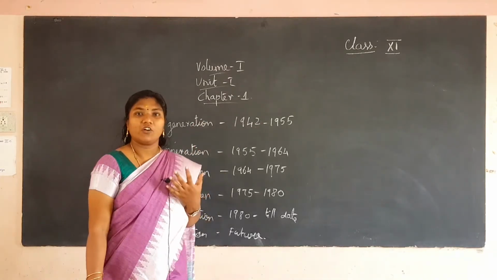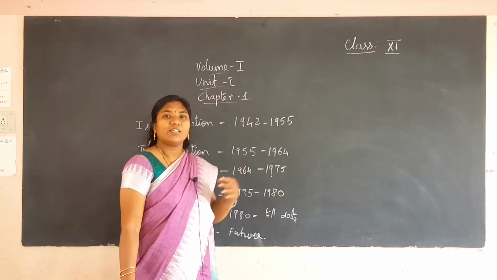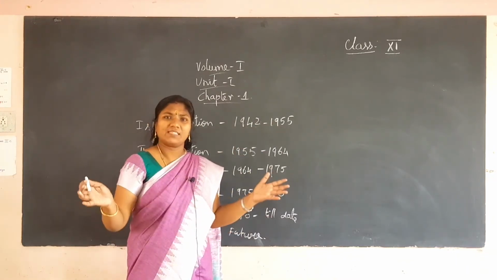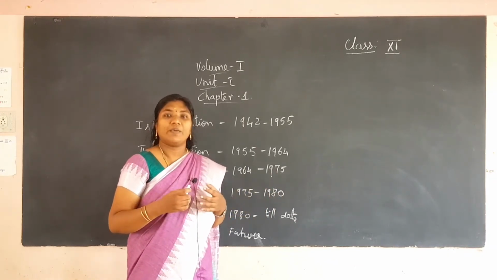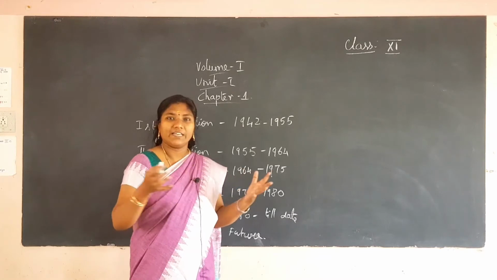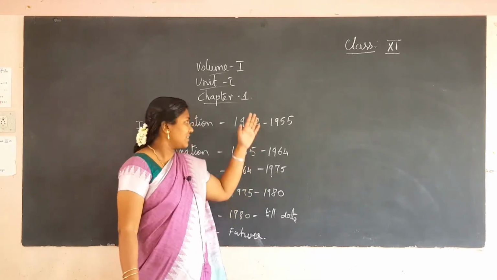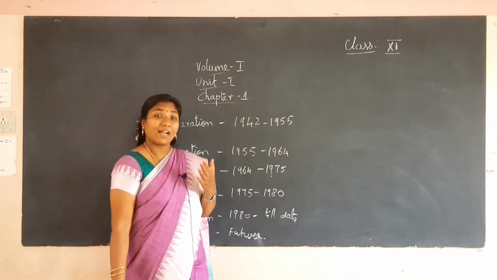So, first generation. When did the concept of computer come? 1942. Okay. So, in this they made a computer, but it was very big in size and it consumed lots of power and it also made the room or the entire environment hot. Okay. So, in first generation 1942 to 55, they used vacuum tubes.